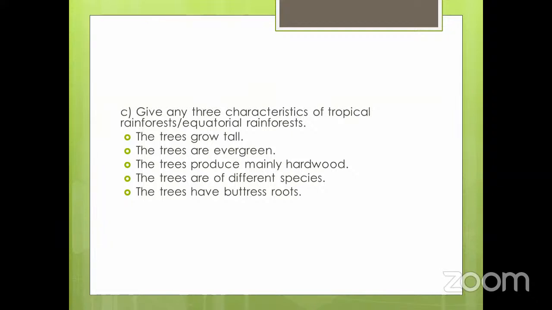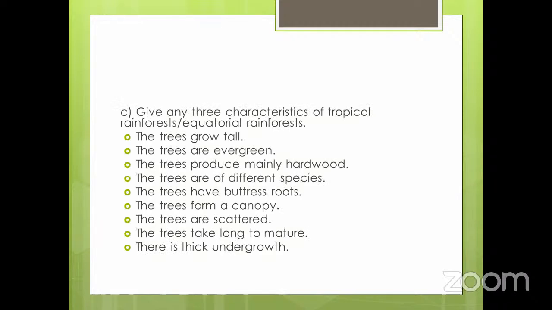The trees produce mainly hardwood. The trees are of different species. The trees have buttress roots. The trees form a canopy. The trees are scattered. The trees take long to mature. There is thick undergrowth.